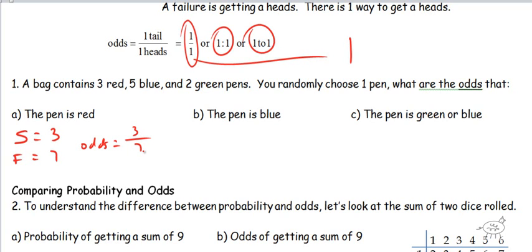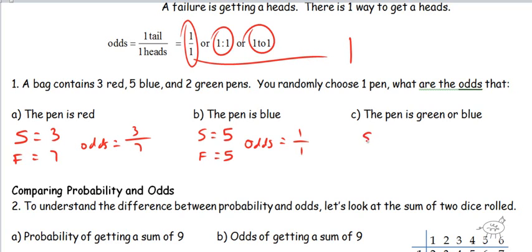Okay. What are the odds that the pen is blue? So again, my success is 5 blue, and my failure is the rest of them, which is 5. So my odds are 1 to 1. Okay, what are the odds that the pen is green or blue?